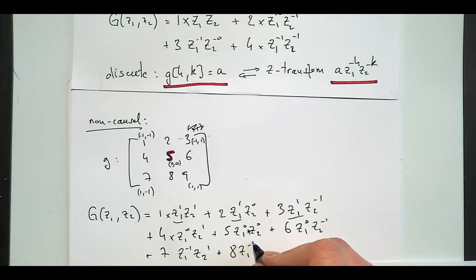So Z1 to the power of minus 1, Z2 to the power of 0, plus 9 times Z1 to the power of minus 1.